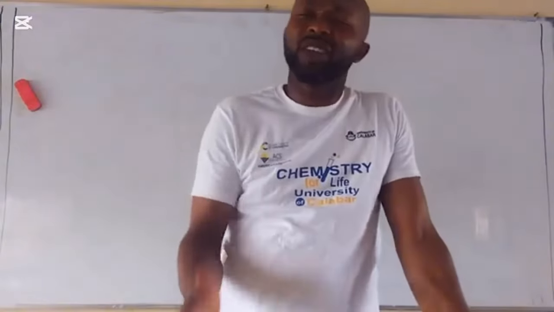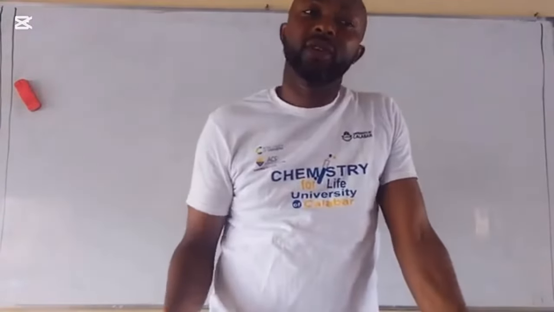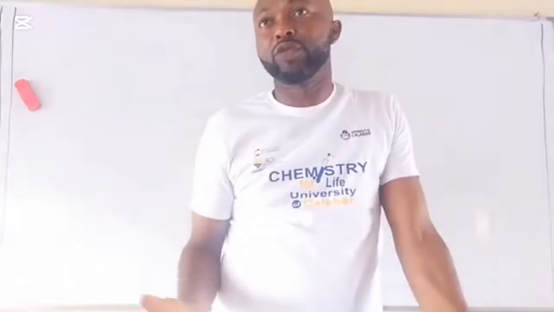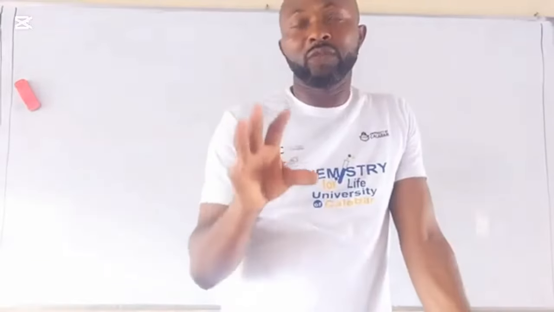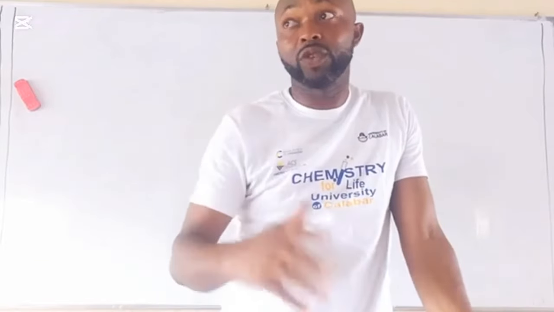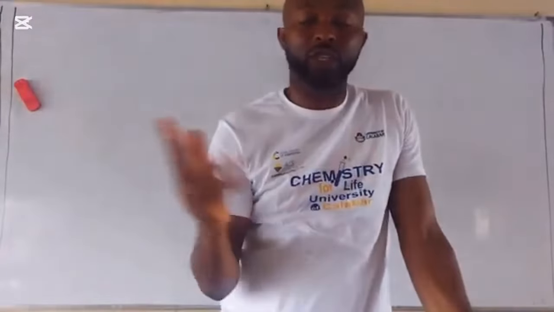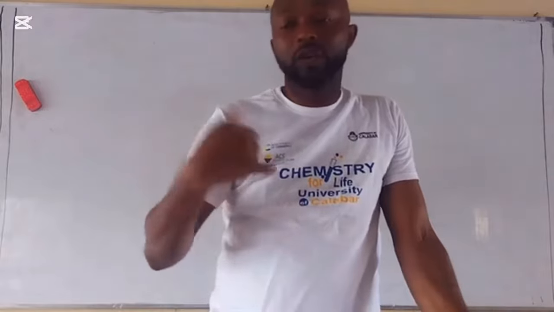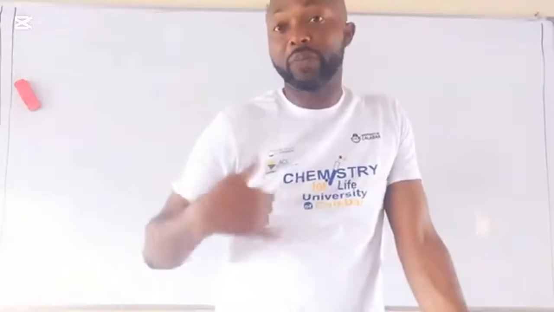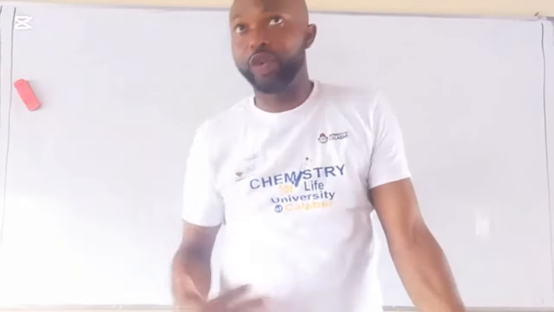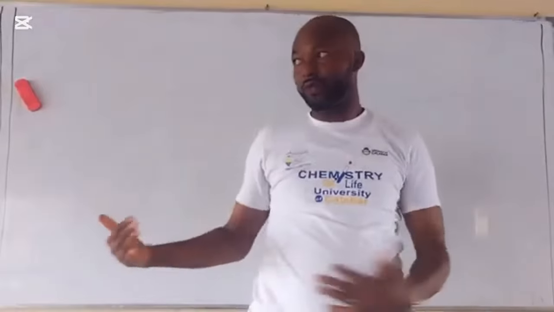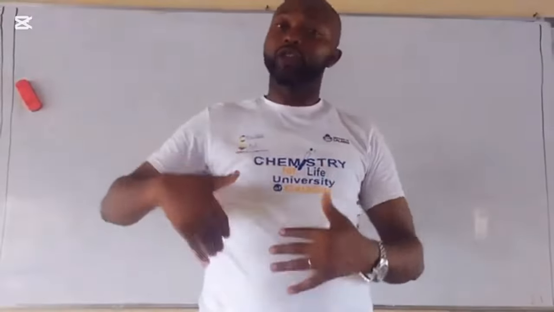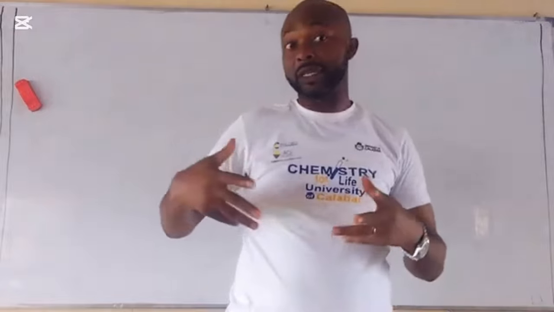Now, what is diffusion? It is the process by which gases move from a more concentrated or dense medium to a less dense medium, and as such, are spread throughout the medium. For example, if I should use my perfume right now, at this point where I am in the room, here is where the concentration of the perfume is higher.